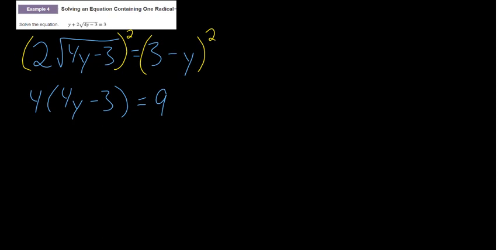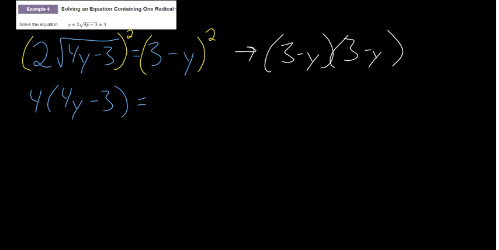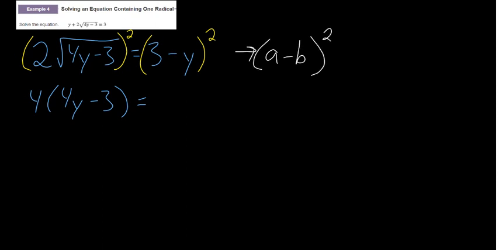So instead, we do know that this is actually the same thing as saying 3 minus y times 3 minus y, because it's 3 minus y squared. But we also know that that is in the form of a minus b quantity squared, which we should know to be a squared minus 2ab plus b squared.